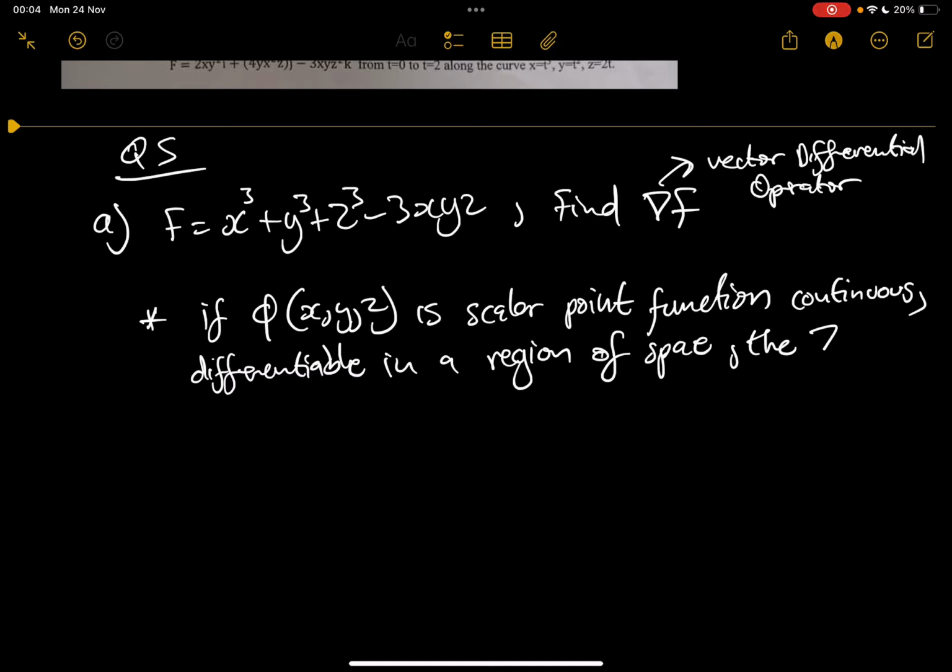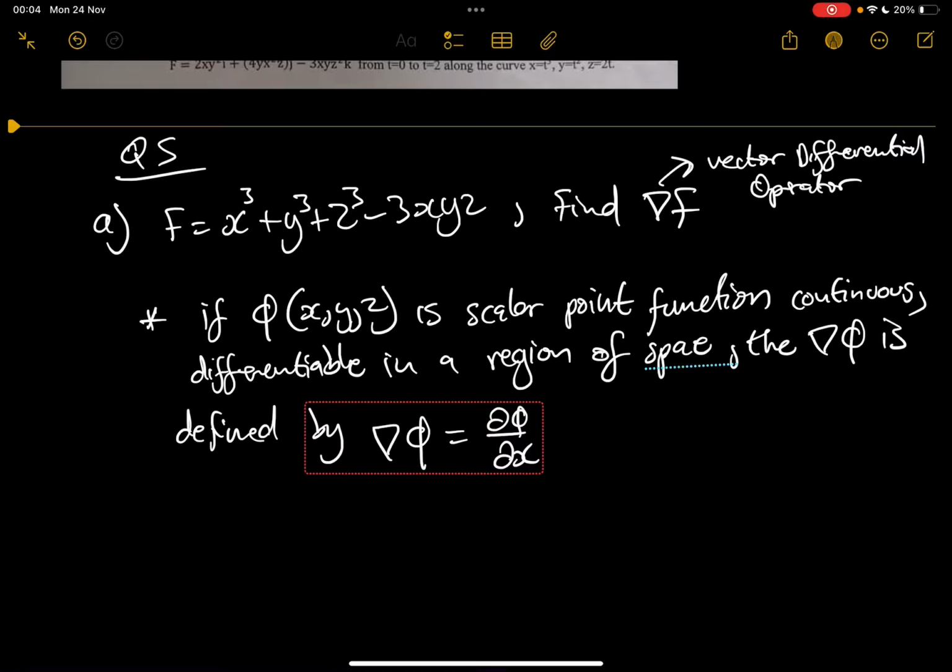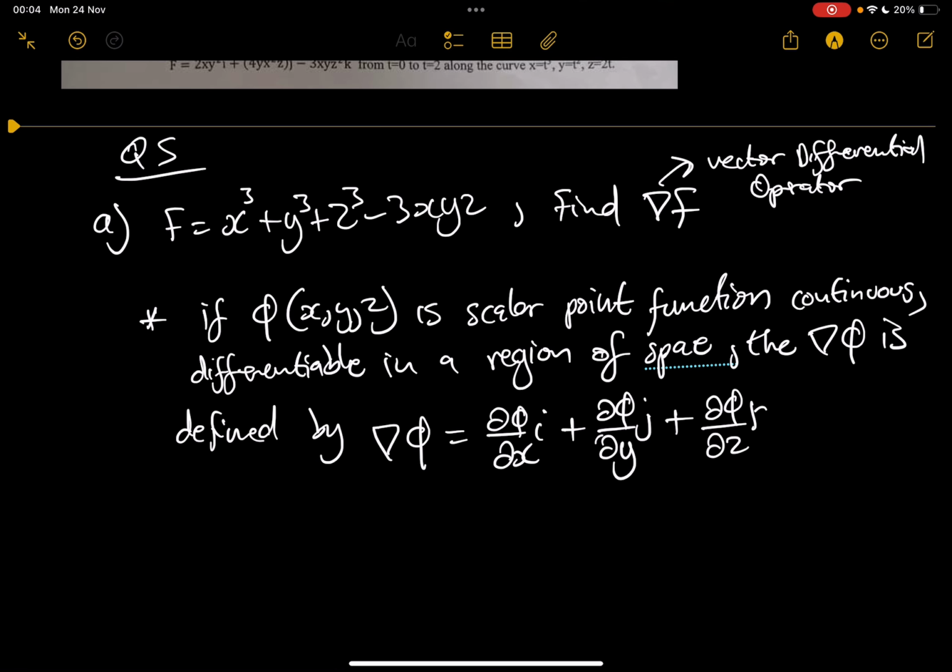Then the gradient of the function is defined by del phi equals del phi del x i plus del phi del y j plus del phi del z k.